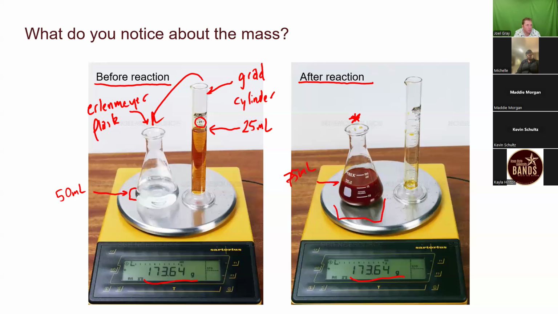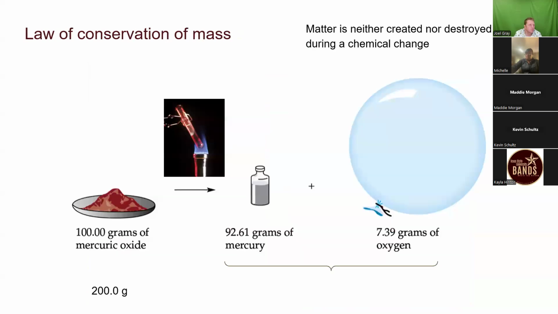Yeah, probably. Do we know what those are? Not necessarily at the moment, but the important part is the mass didn't change. Another way to put that is the mass was conserved. So the mass didn't change, the mass was conserved.